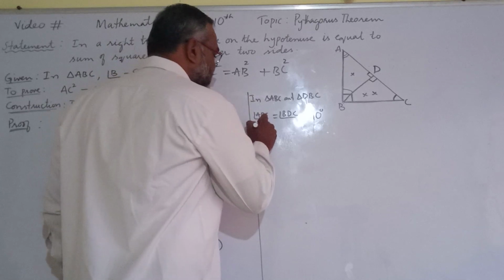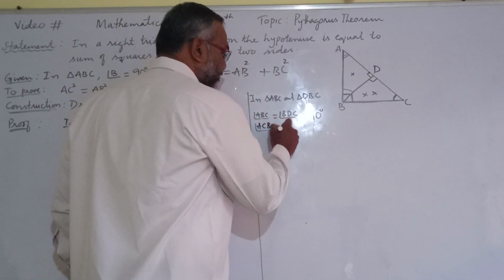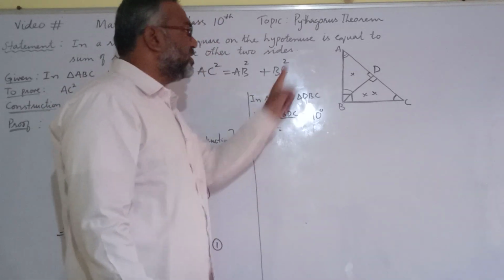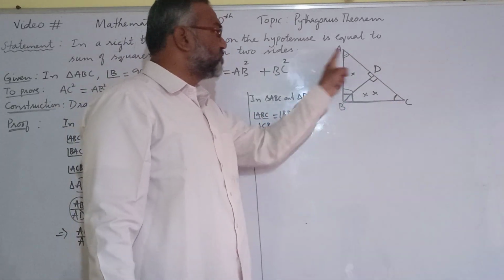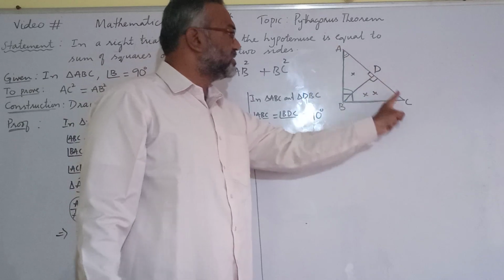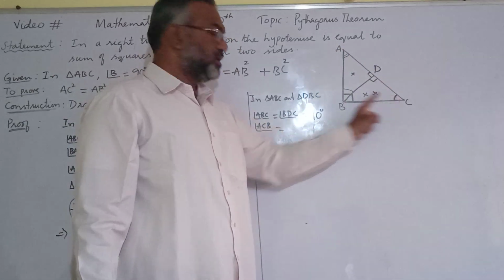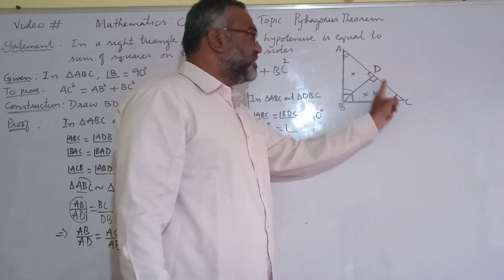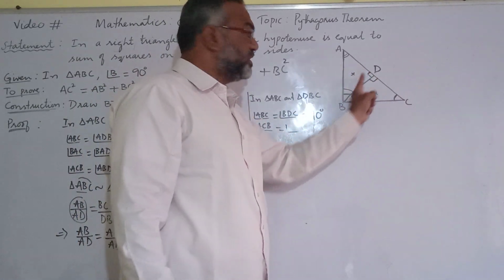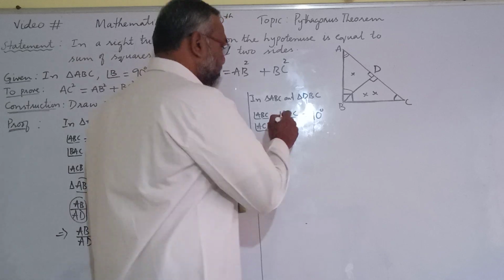So can we write like this? Angle ACB, angle C of the big triangle, is equal to angle DCB. Yes, DCB.